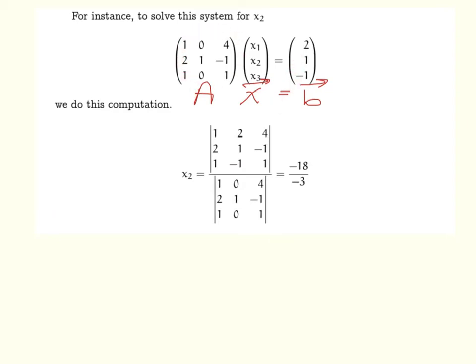This is the same as A except for the second column that's been replaced by B. Find the determinant of that. It's a number. Find the determinant of A. It's going to be another number. Divide one by the other and you're done. That's how you find x2.